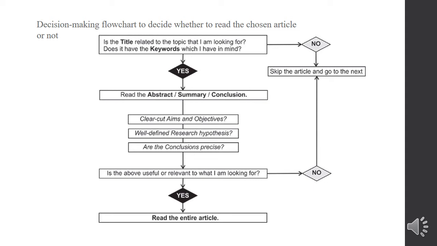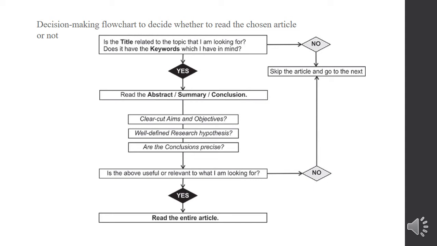If they are relevant, then you can continue to read the whole article. But when you find that the title is not related to the topic that you are looking for, or the article doesn't have the keyword that you have in mind, then you don't need to continue reading the journal.